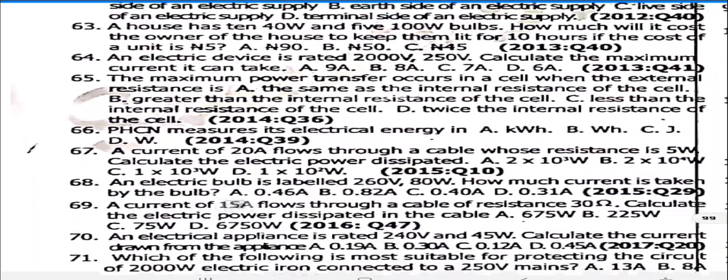Number 65. The maximum power transfer occurs in a cell when the external resistance is twice the internal resistance of the cell. The meter measures electrical energy in kilowatt per hour.